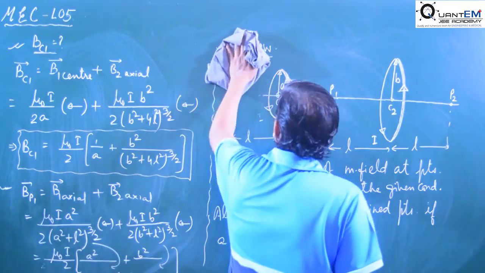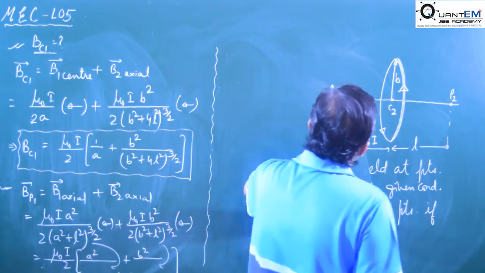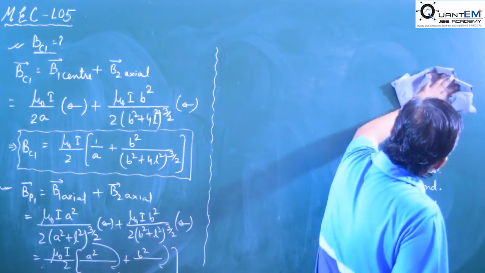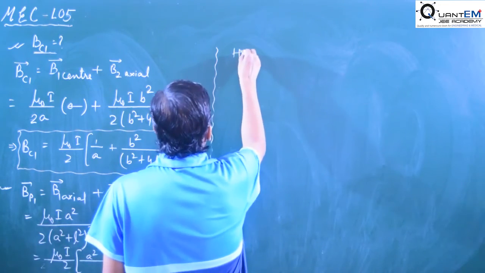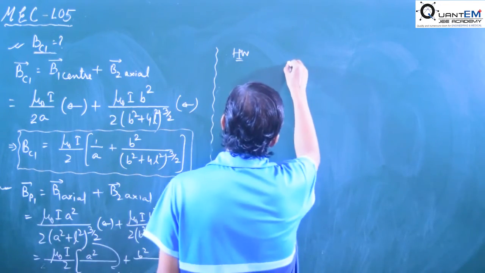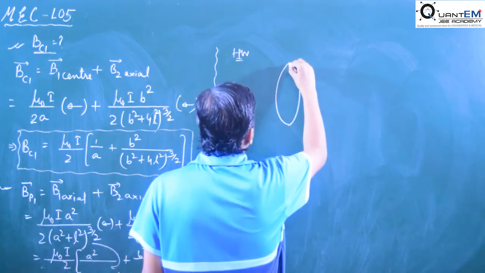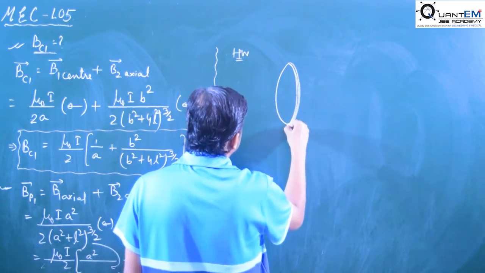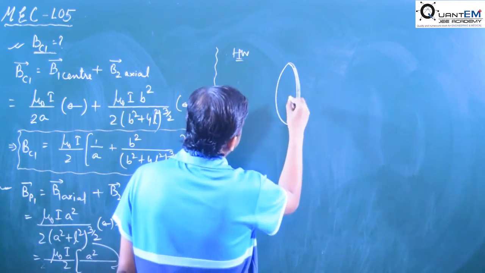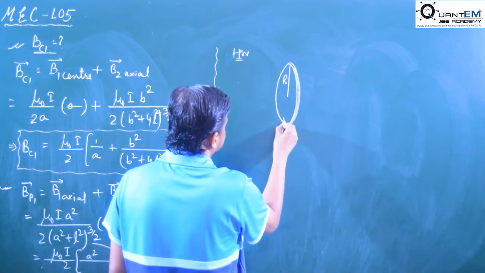Now we take more questions for homework. Thick line is for outside the plane of paper. Okay, this one is a circular ring of radius r.